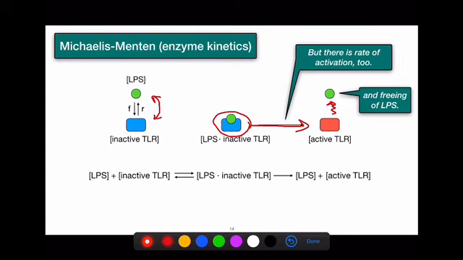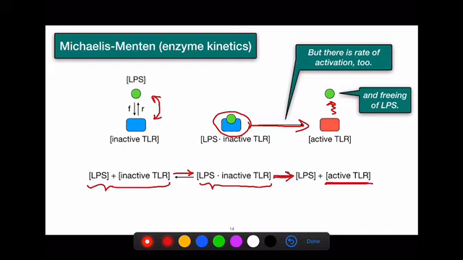So the actual reaction that happens is that LPS and inactive TLR bind, and with some probability that leads to this bound complex. And when it's bound, it almost always goes to active TLR.